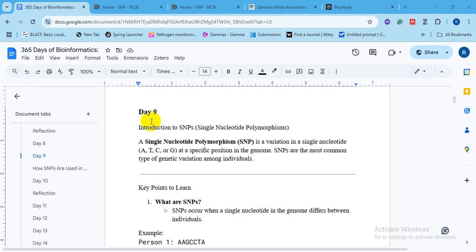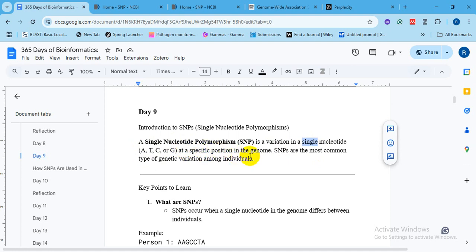Day 9 of my journey to learn bioinformatics using ChatGPT. It is titled Introduction to SNP, Single Nucleotide Polymorphism. What is single nucleotide polymorphism? It is a variation in a single nucleotide like A, T, C or G at a specific position of the genome.